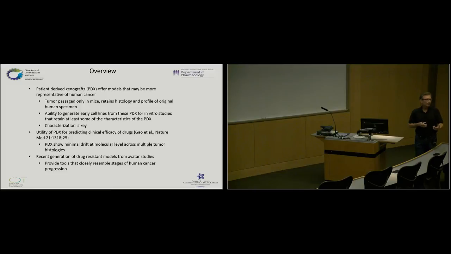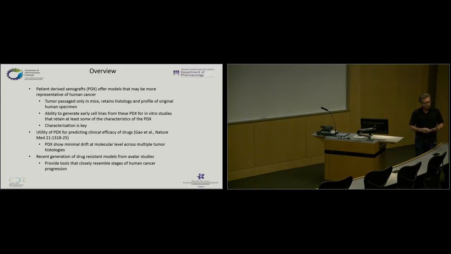But by the second or third passage, the human stromal cells and infiltrating cells, which are less so in our mice because they're NHG mice, but let's say the stromal cells, so endothelial cells and fibroblasts, are now mouse origin. However, those mouse origin cells are able to recapitulate many of the activities that the original human cells did.